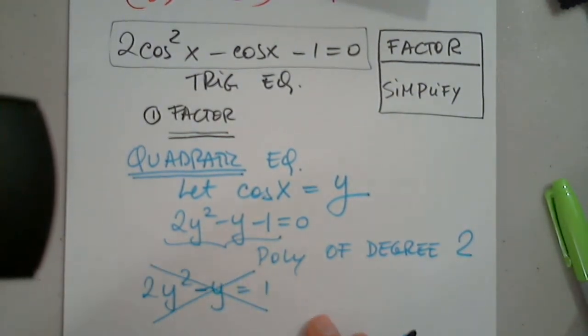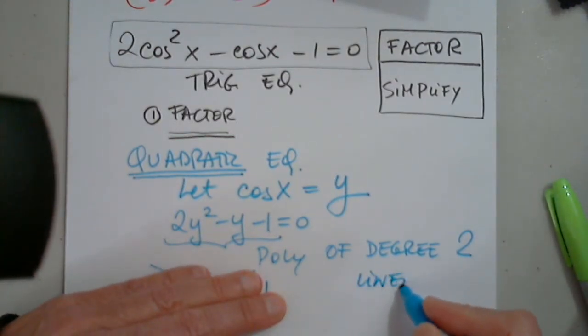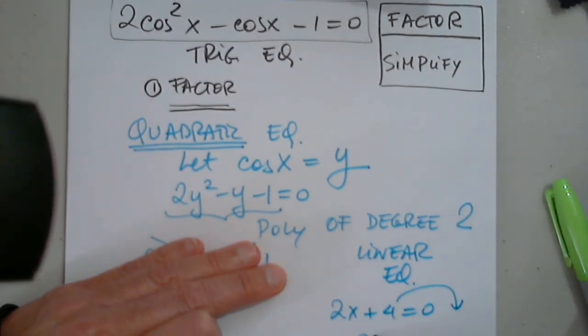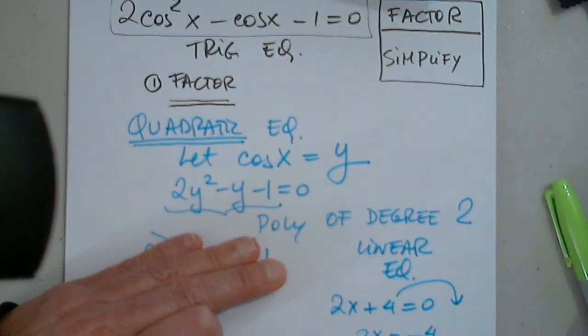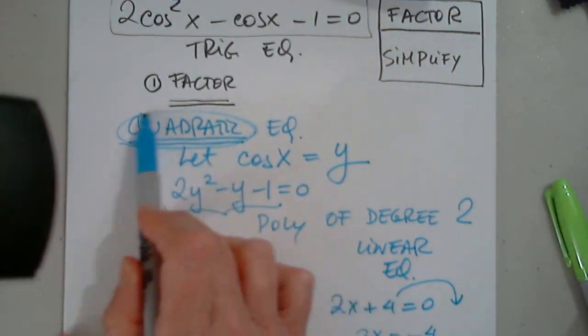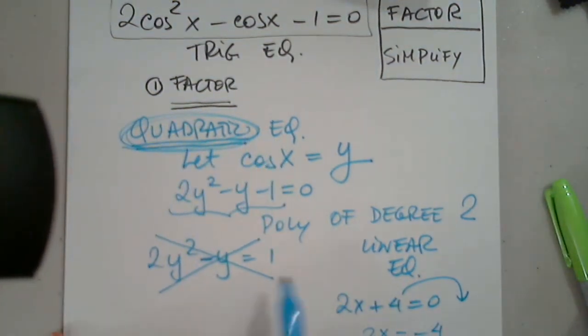It will work for a linear equation. If I have a linear equation, let's say 2x plus 4 equals 0, absolutely. That is the only way, and then I divide by 2 and I get x equals -2. But when the equation is quadratic, this will not help.